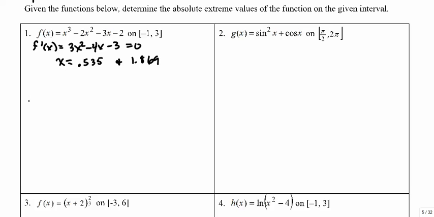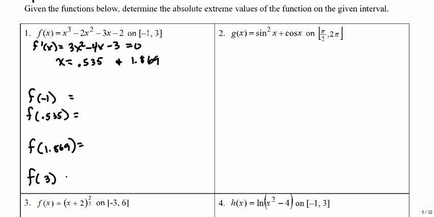We need to figure out what is the value of the function at the first endpoint, what is the value of the function at the last endpoint, and then what is the value of the function at each of the critical values, because those critical values could be either maxes or mins. And then we compare. The one with the highest value is considered the absolute maximum, and the one with the lowest value is considered the absolute minimum.